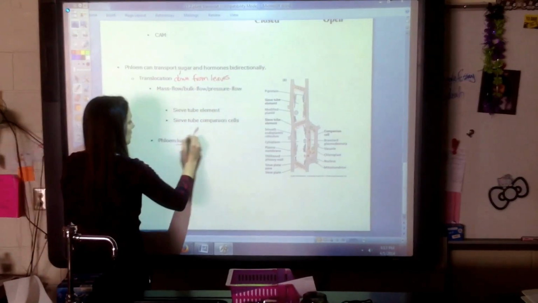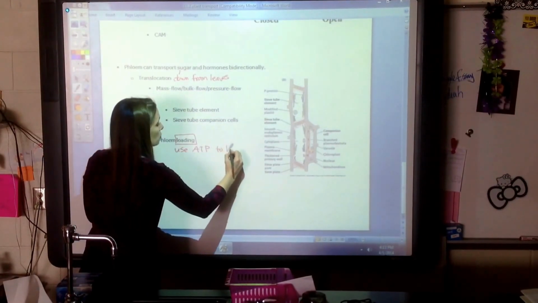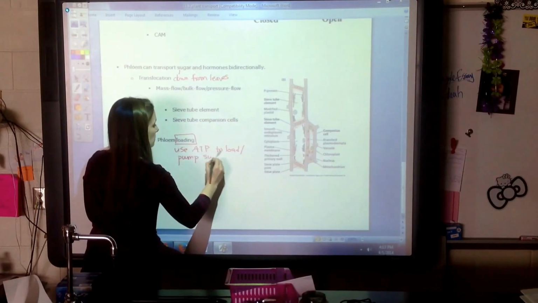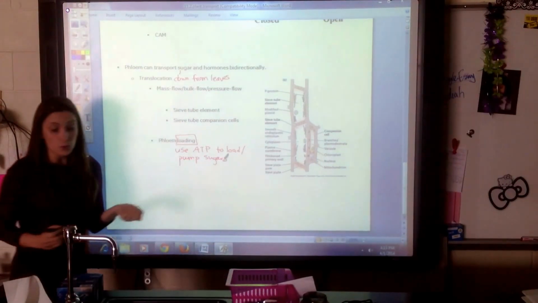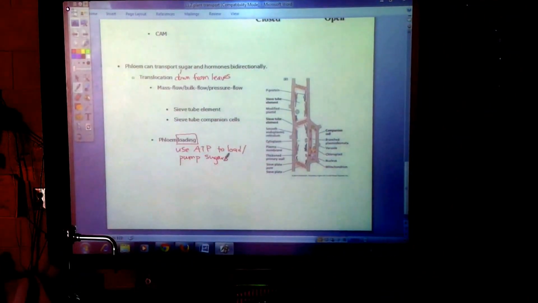What we actually see is this idea that we're going to have to use ATP to load or pump sugars. And then water will enter and passively push the sugars down. That's where we're stopping for today.